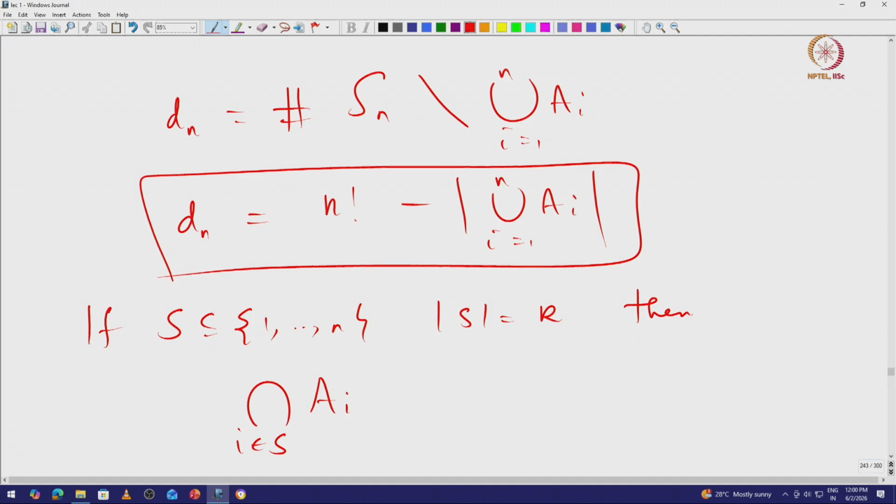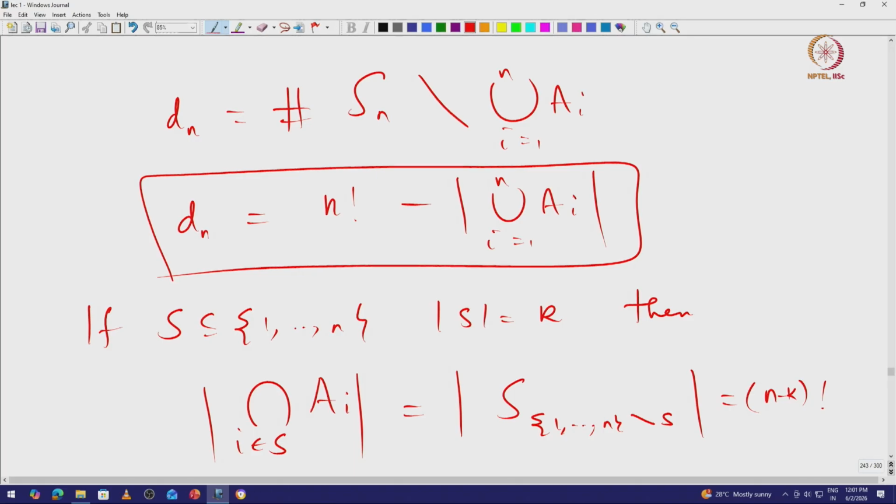So, all the elements outside S are allowed to permute whichever way we want. That means the cardinality is the same as the number of permutations of 1 to n minus S, which has n minus k elements, so it is exactly n minus k factorial.